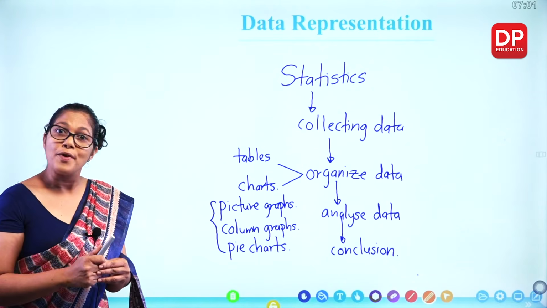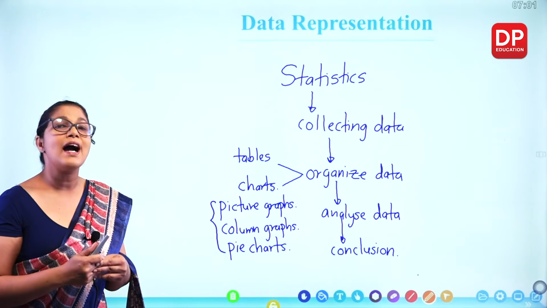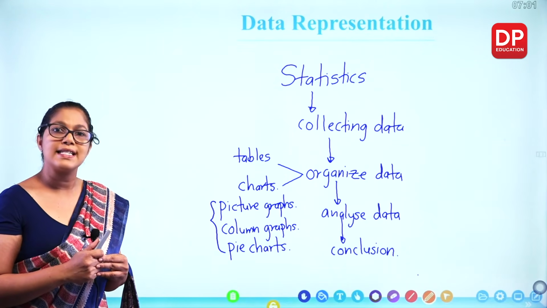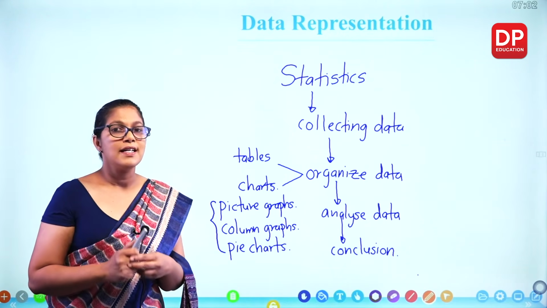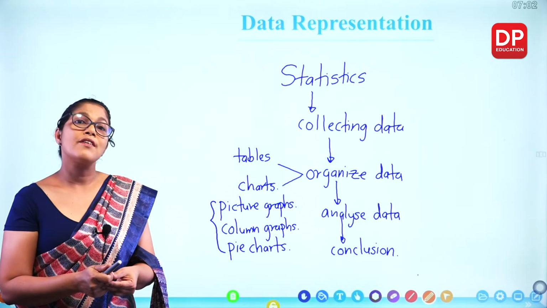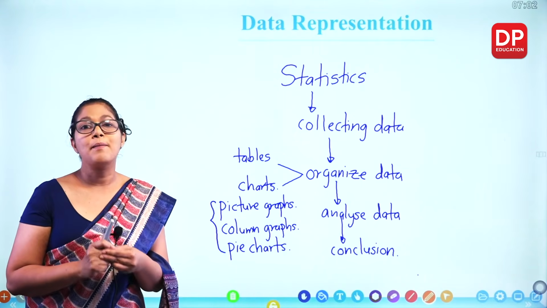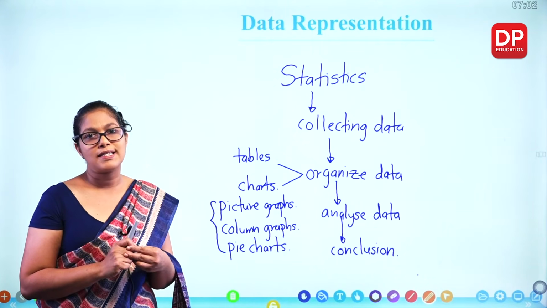So it's really important to draw charts and visually understand about the data set. So we'll look at three types of charts today. So first one, picture graphs, and then column graphs, and this lesson mainly about pie charts.